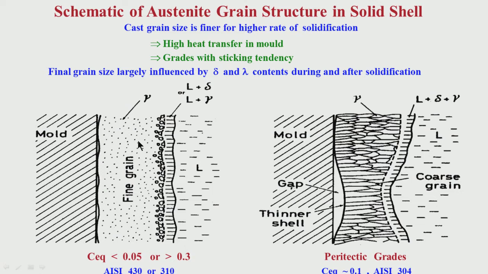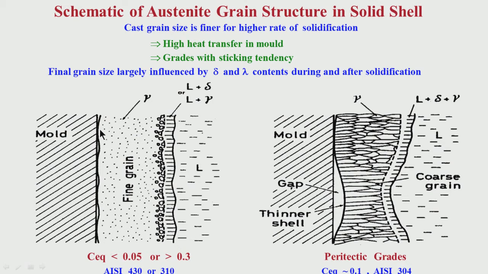whereas for the sticking type of characteristics, the grades which indicate sticking, what is going to happen? The solid shell is trying to come in contact with the mold. So, there is sticking, that is why we call it sticking. So, the grains are relatively fine, but there is a sticking tendency.